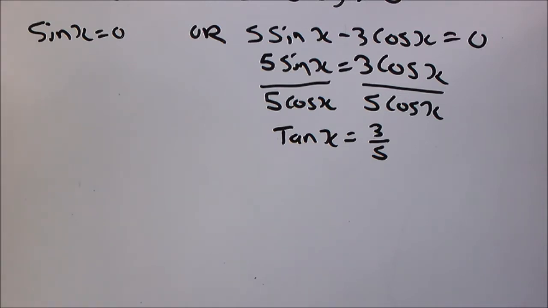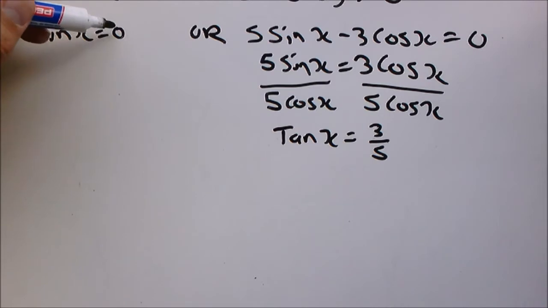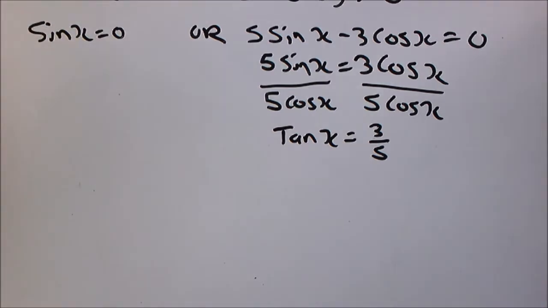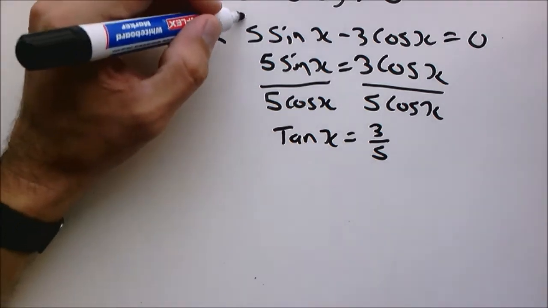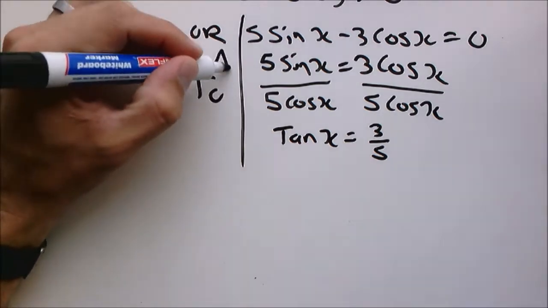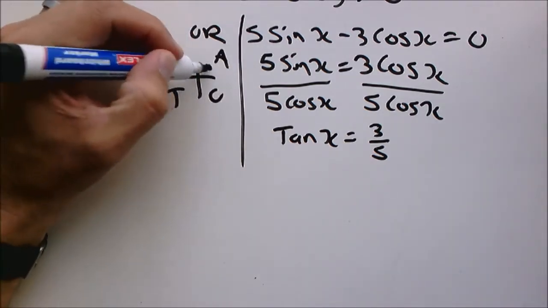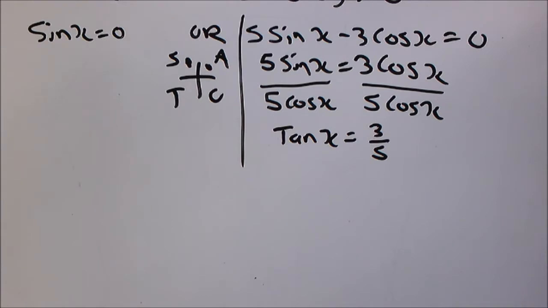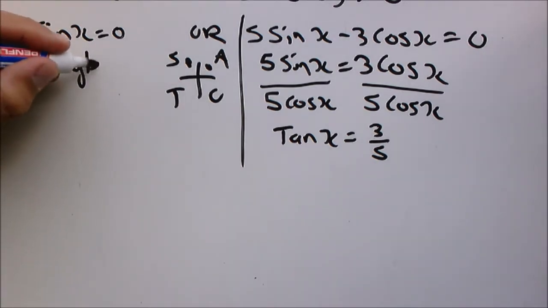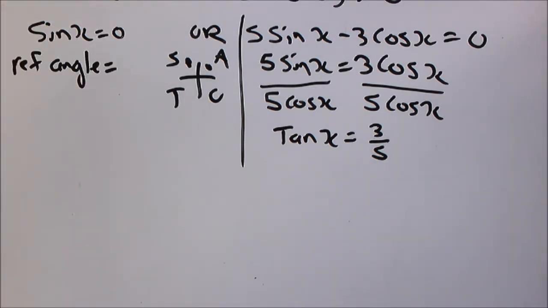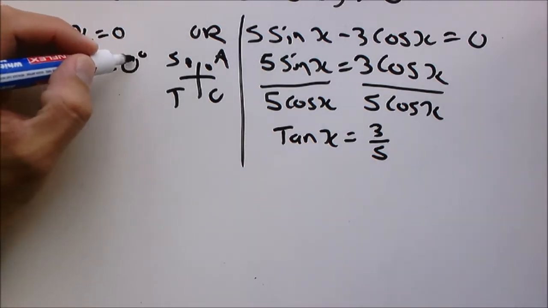It's the easiest. So it's a 0, so we are applying it as if it is positive. Okay. So for our CAST diagram it is the first and the second quadrant, and let's get the reference angle. And you will know from our graph as well that the reference angle will be 0 degrees.